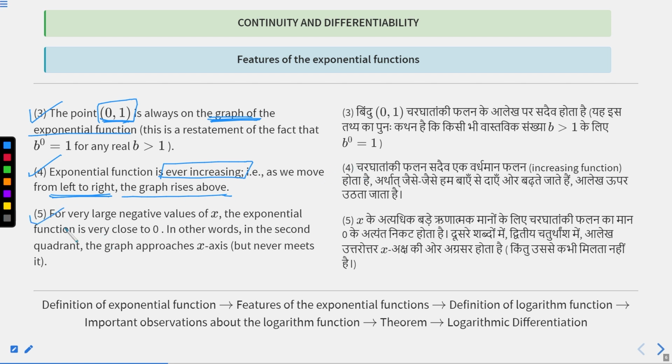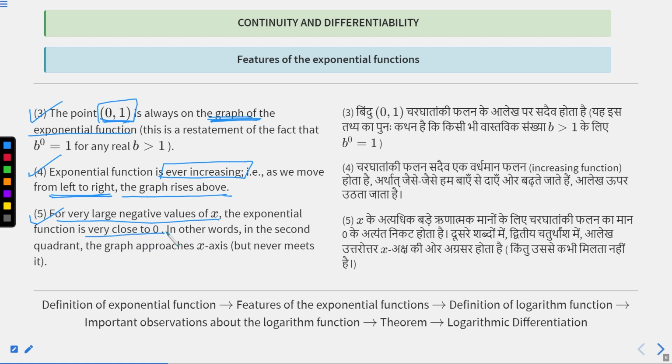Now the fifth point says that for a very large negative value of x, for example minus 10 to the power 10, the exponential function will be very, very close to 0.